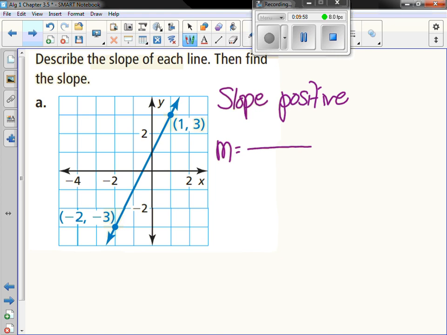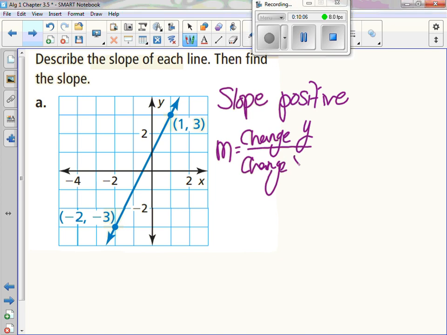Now we need to see what is the change in y over the change in x. How far is it going up and down, over how far did it go left and right? How far did it go from here to here?